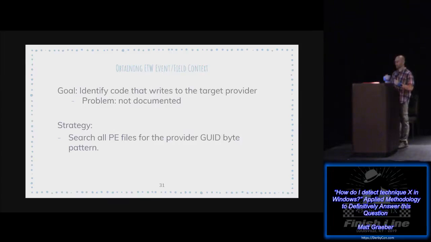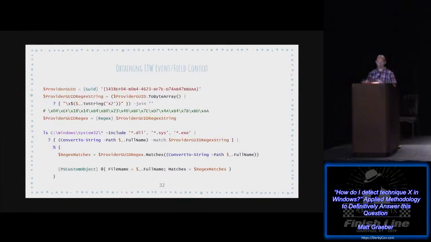All right, so how would we go about obtaining this context? The strategy that I've been using a lot is, I mentioned that an ETW provider has a GUID value applied to it. So a GUID is just a sequence of 16 bytes, right?